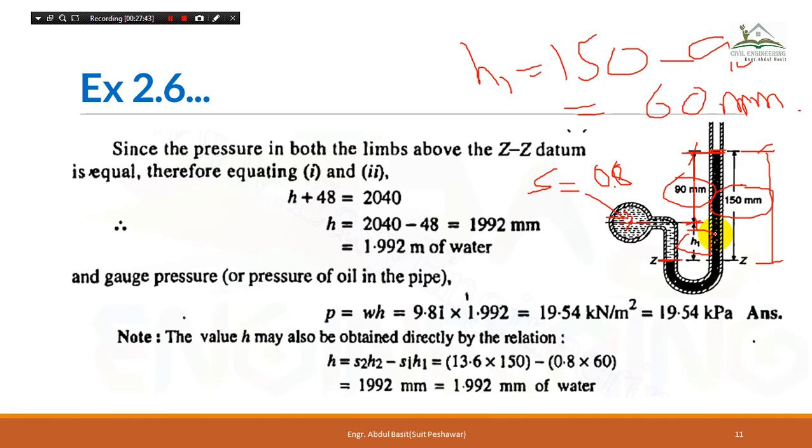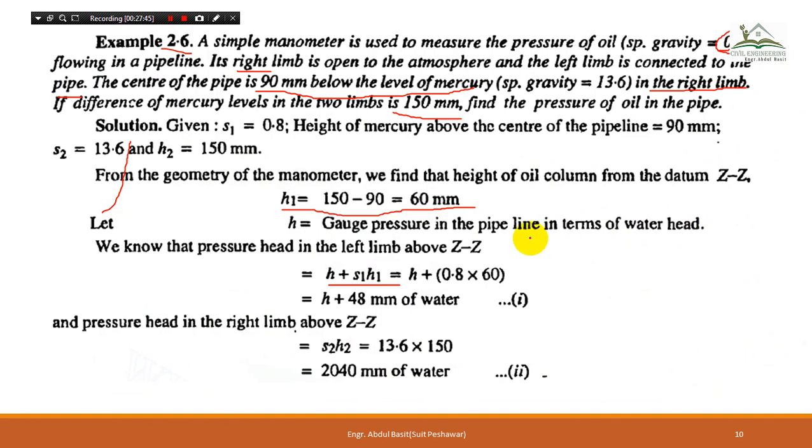So this is a positive pressure situation. So you will use this equation where H plus S1 H1 is the pressure in the left limb, and this one is the pressure in the right limb. S1 in this situation will be equal to 0.8, and 60 is the height. This will be equation 1 for you.